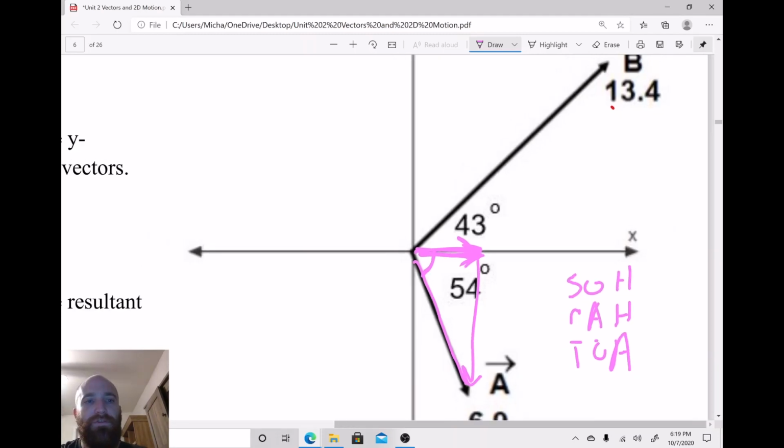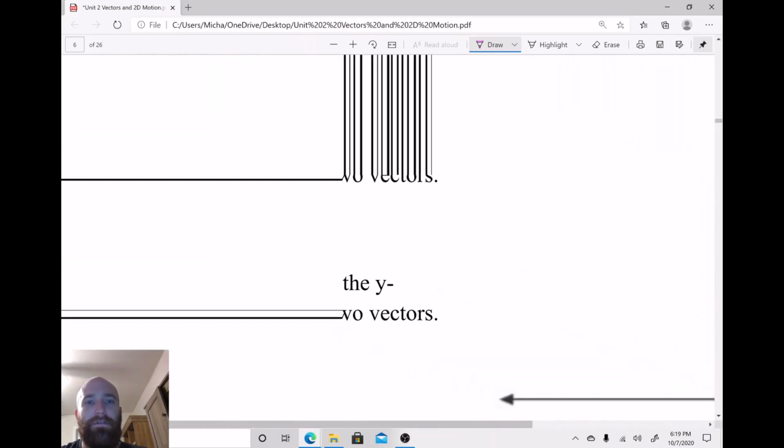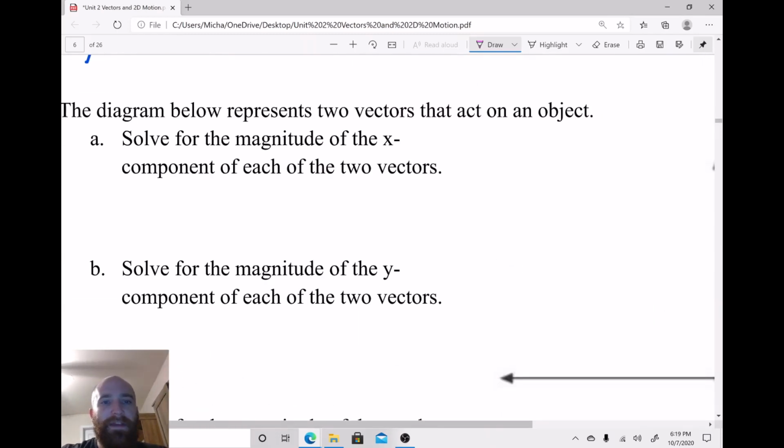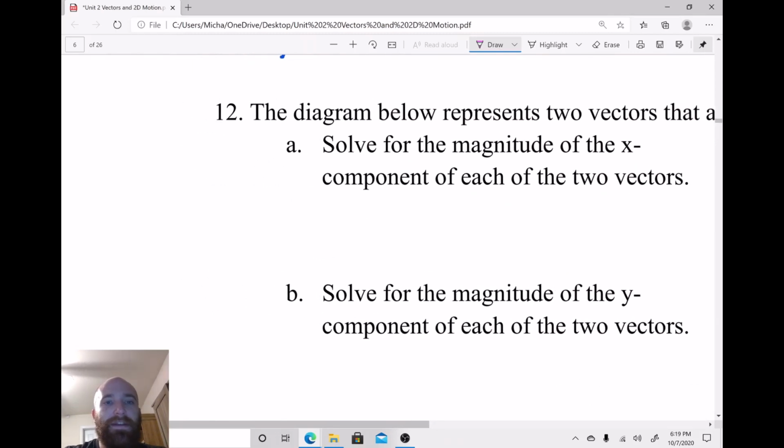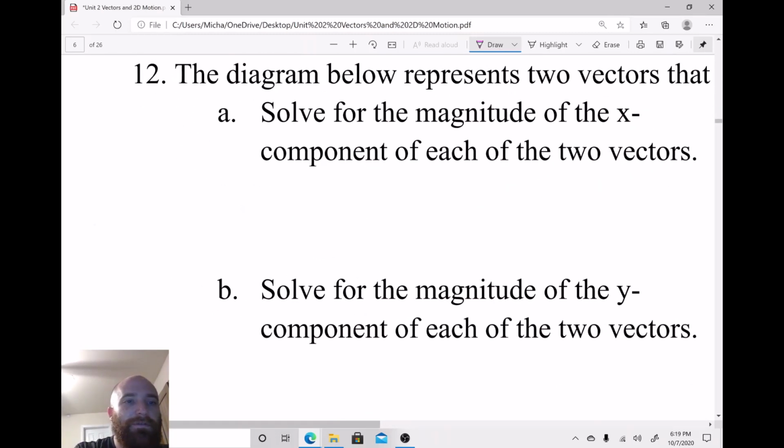So what I'm going to do, and I tried to lead you along here, is solve for the magnitude of the x components of each of the two vectors. So for that x component for A, x is equal to, and we said it's going to be cosine. I'm going to do a little bit of the algebra, not show it all. The total value of A, which is 6.9, times sine.